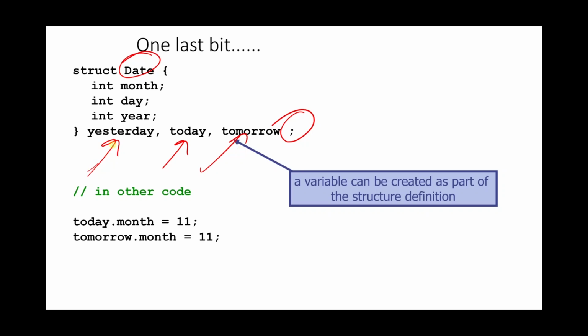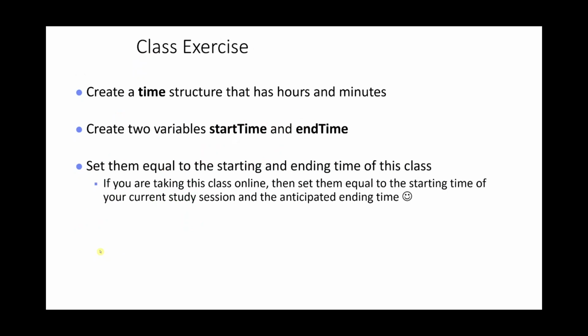You can do yesterday, today, tomorrow. So now we have created three uninitialized date variables, and you can access them: today dot month equals 11, tomorrow dot month equals 11.